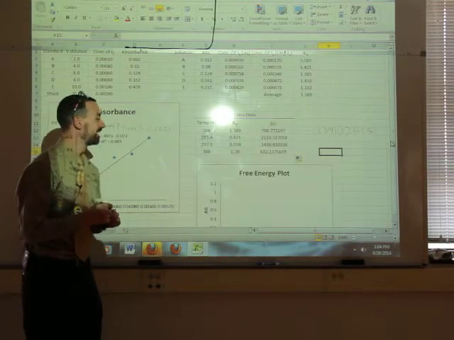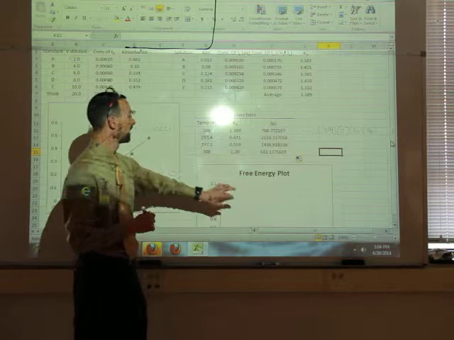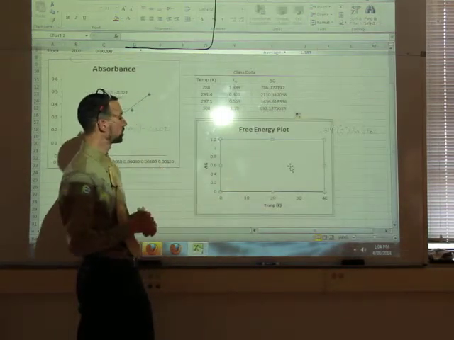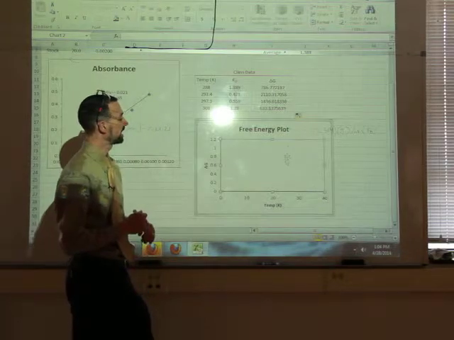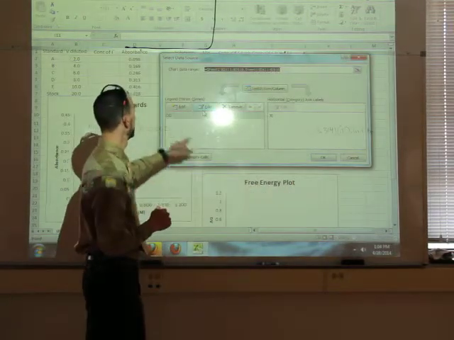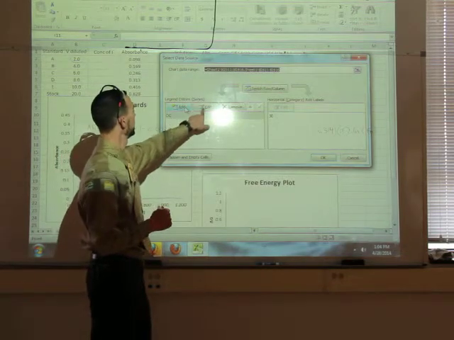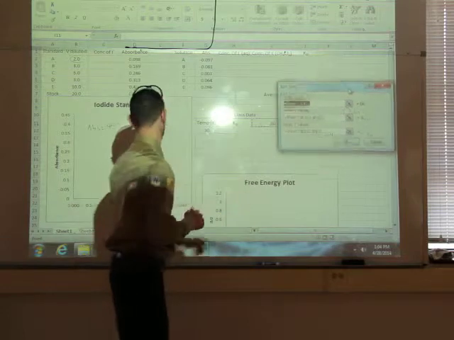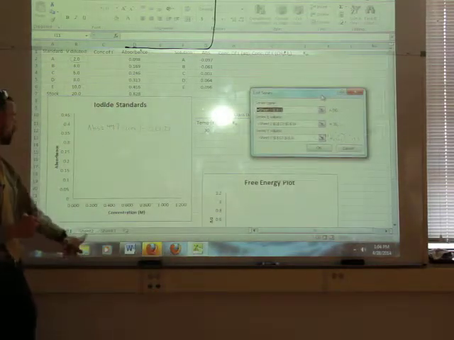Okay. All right. If we go to our graph now, I should be able to right-click to select the data. Okay, and go ahead and hit edit. Okay, this actually needs to be changed so that we're on sheet 2.